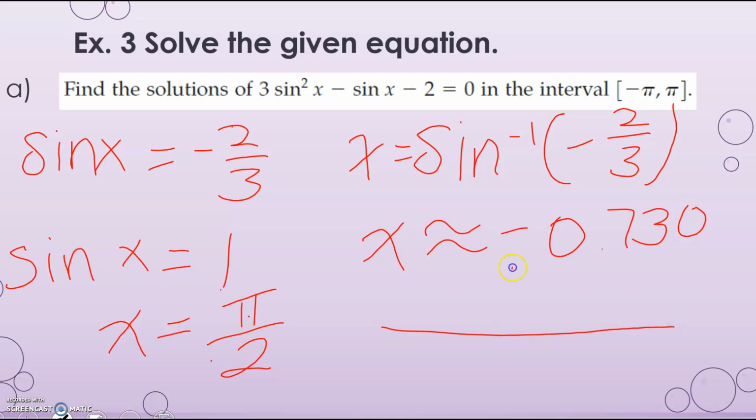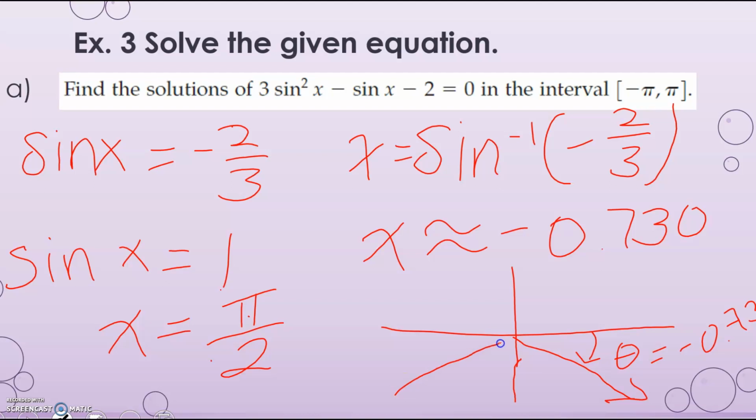On my little sketch of the unit circle, where would negative 0.730 fall? Well, it will actually be in the 4th quadrant, so there will be the angle, and that angle is going to be negative 0.730. Now, where else is sine negative?